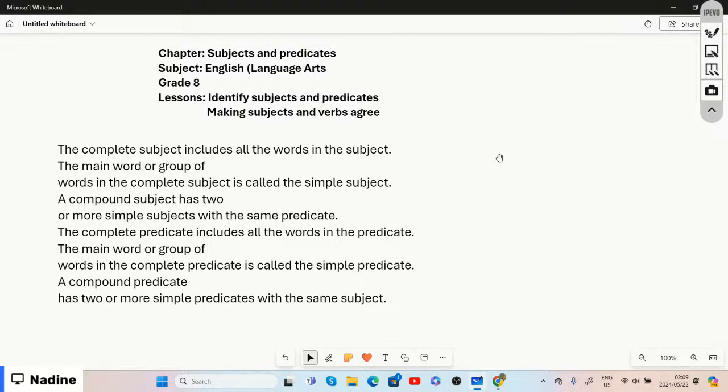When it comes to a subject, as we see, the subject is either who or what is doing the action within the sentence.